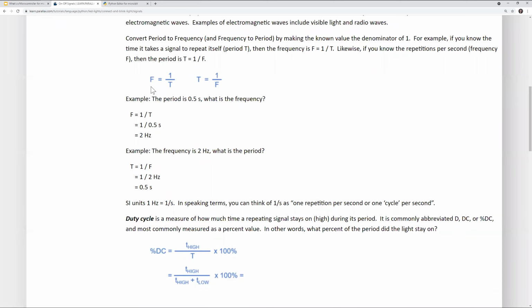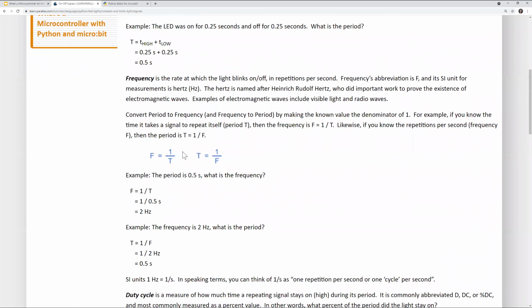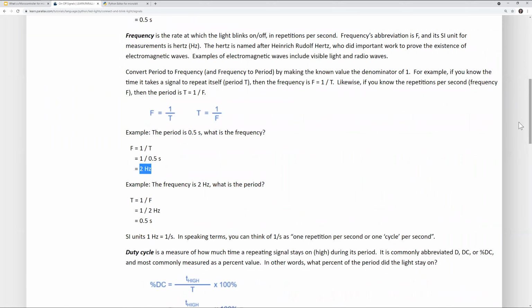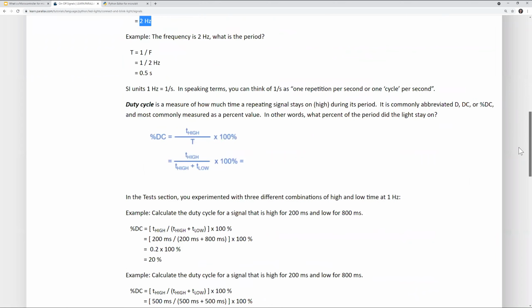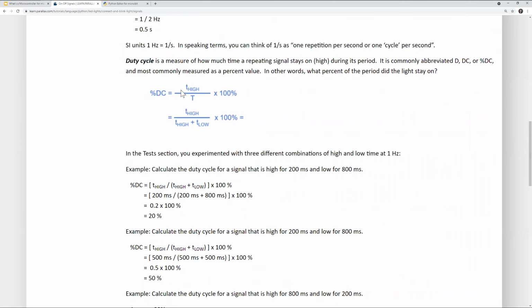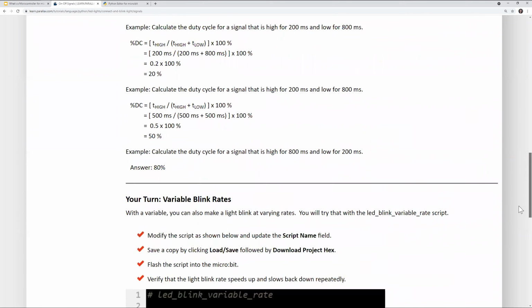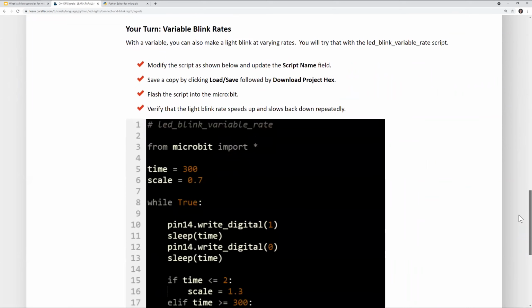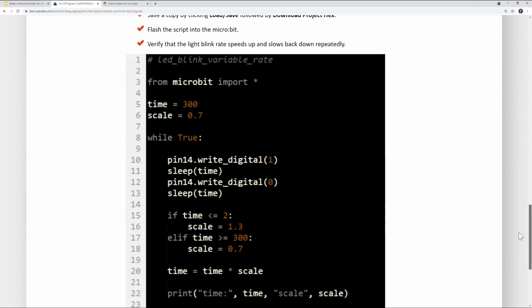So if you have a period of half a second, 1 over 0.5 would be a frequency of 2, and the measurement is hertz, or repetitions per second. We also talk about the ratio of time on versus the total on plus off time. And these actually end up mattering later so that they get reused.